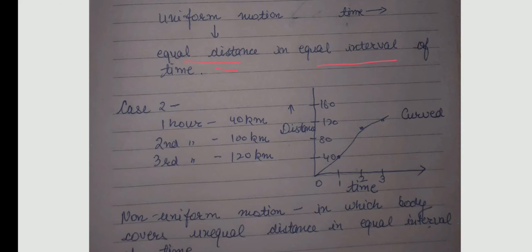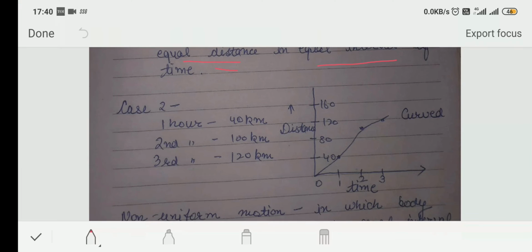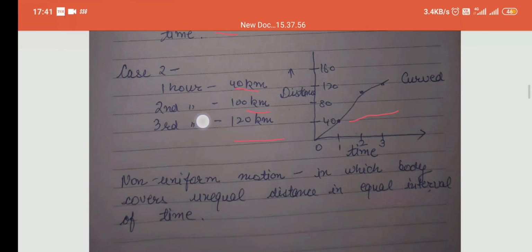So imagine in the first hour, when you are going to Jaipur, you cover 40 kilometers, in the second 100, and in the third hour 120. If you make a graph between distance and time, it will come out like this, a curve. So this is the basic difference between uniform and non-uniform motion.